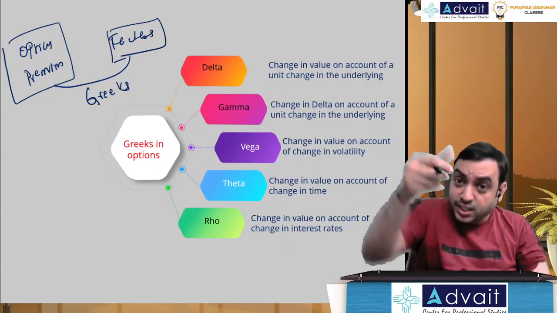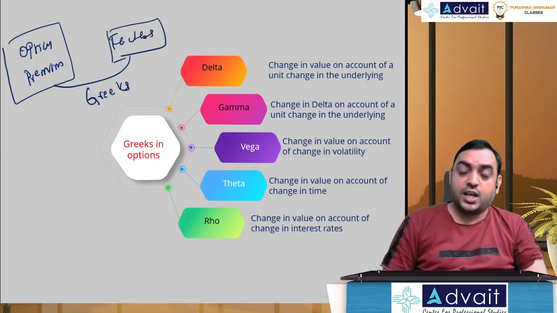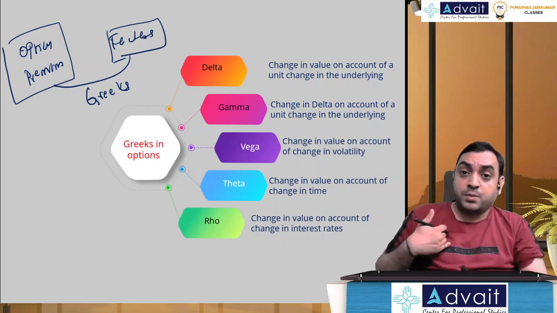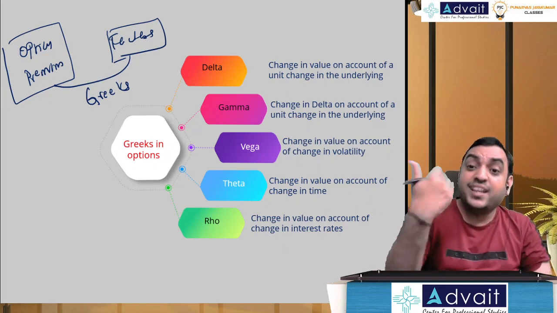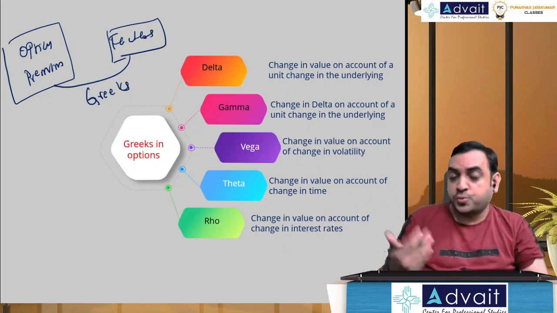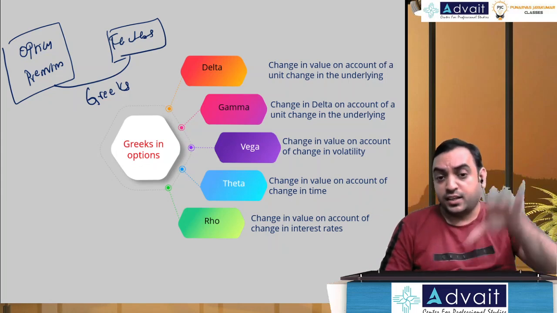When the delta itself changes, that is gamma. If volatility changes, how will the option premium change? If the standard deviation changes, risk will change, and how the market price of the option premium changes, that is Vega. Similarly, theta. Similarly, rho.